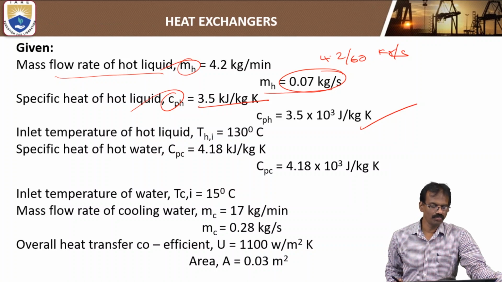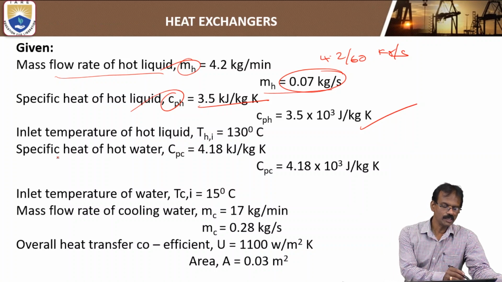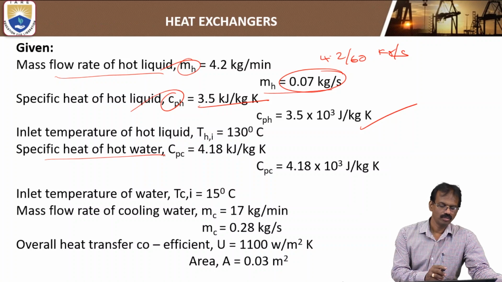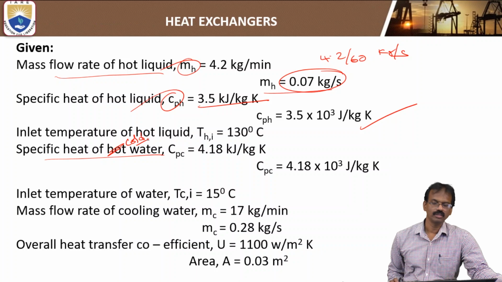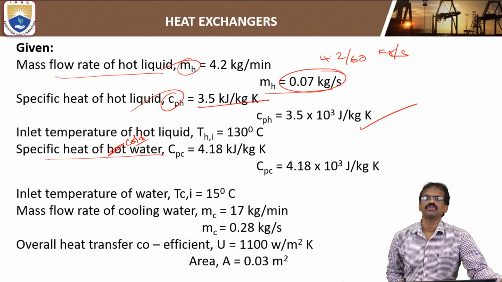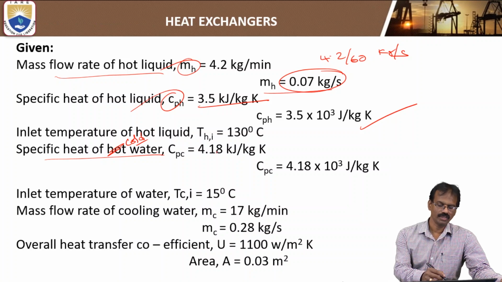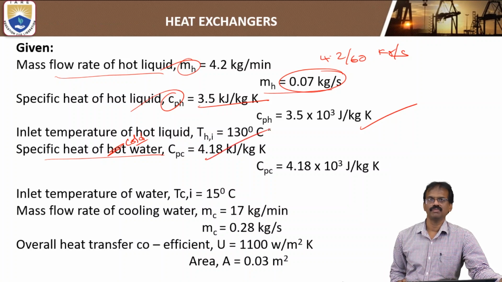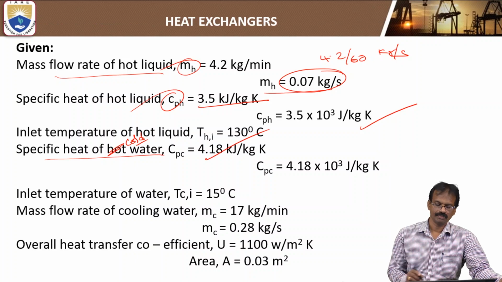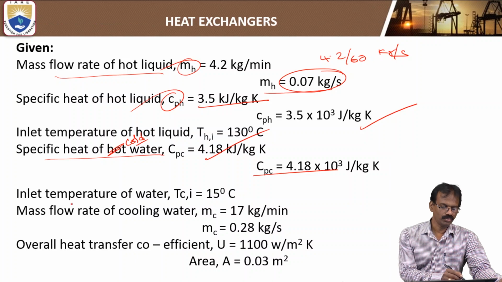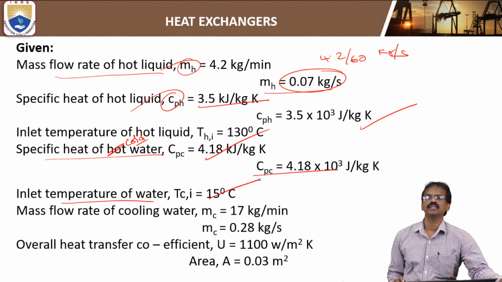Now we'll see the cold fluid. So this is the cold fluid, water. CPC, you know that value: specific heat of water 4180 joule per kg Kelvin, or 4.18 kilojoule per kg Kelvin. It has been given, converted into joule per kg Kelvin. So 4180, you know this. Then the inlet temperature of water, Tc inlet, is equal to 15 degrees Celsius.